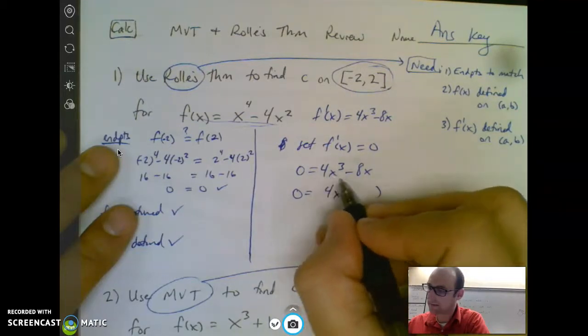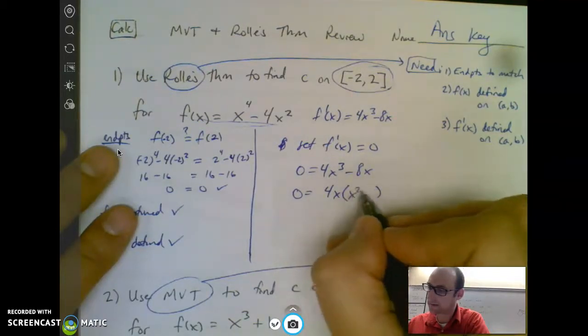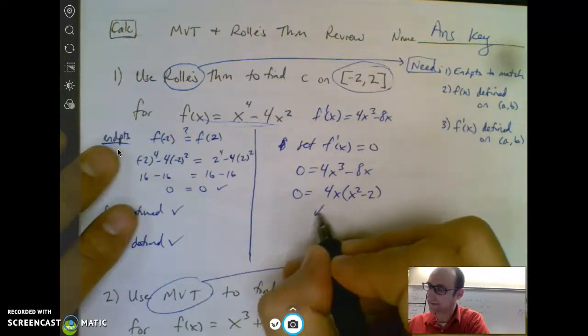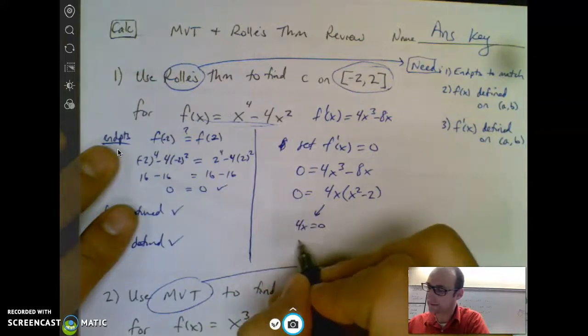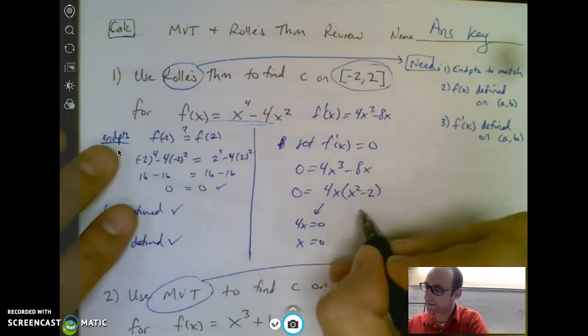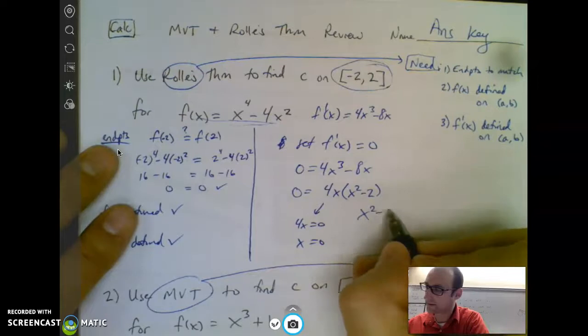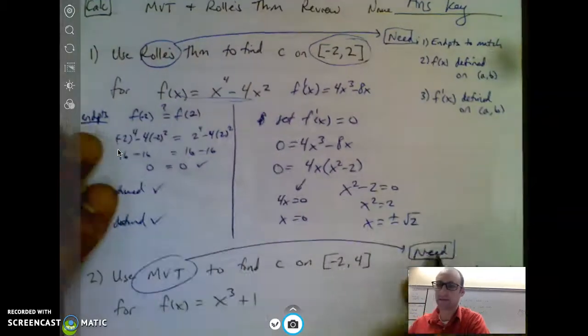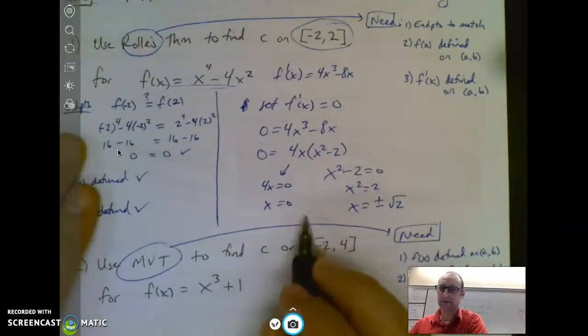So if you take 4x out of there, you got x squared. If you take 4x out of here, you got minus 2. So either 4x equals 0, or this thing equals 0, and you solve it, plus or minus radical 2. Now, you might keep all these answers, you might not.